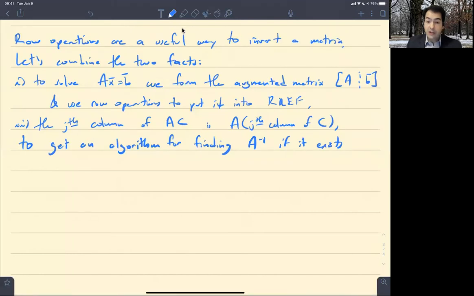And actually, this algorithm will tell us whether or not A inverse exists.